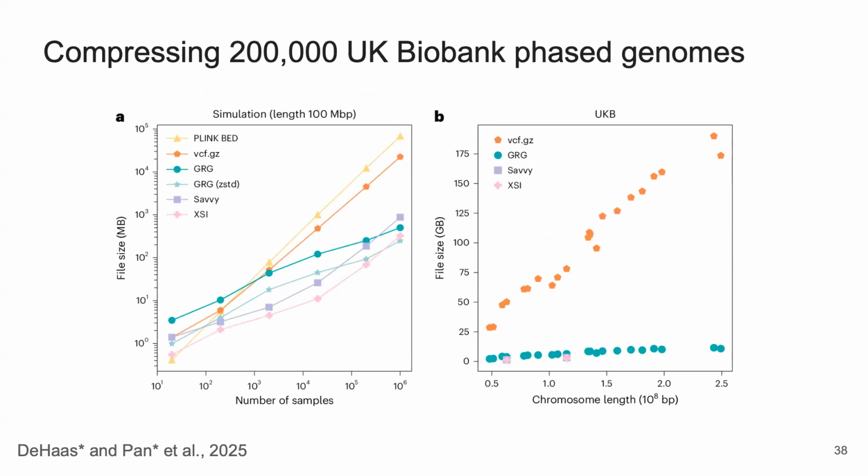For UK Biobank data, the x-axis represents different chromosomes of different lengths, and the y-axis is the file size. These orange dots are the original gzipped VCF. These blue dots are the genotype representation graph size. We can see that we're much smaller than the VCF even after compression.